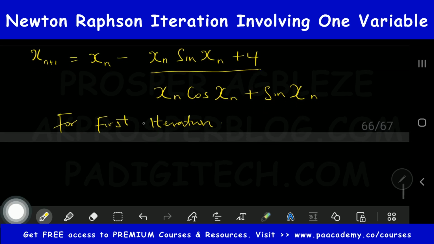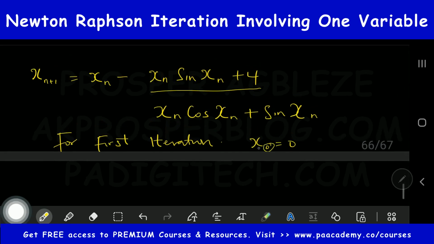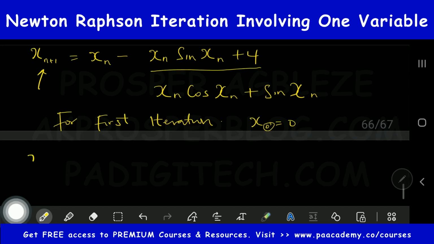So for the first iteration, let me just write that our x naught is equal to 0. So that means this is our n here. If I put it into this, that will be x1, because n is 0, so 0 plus 1, which is 1.